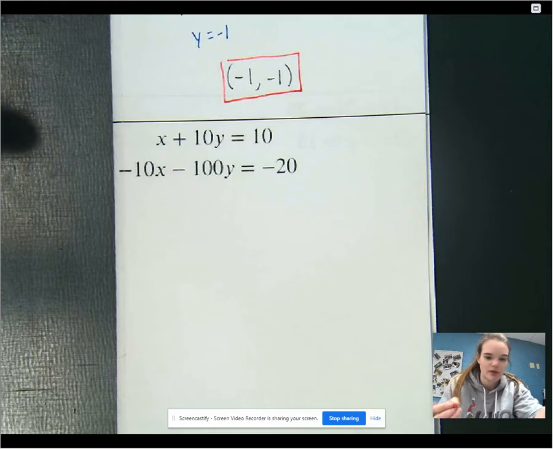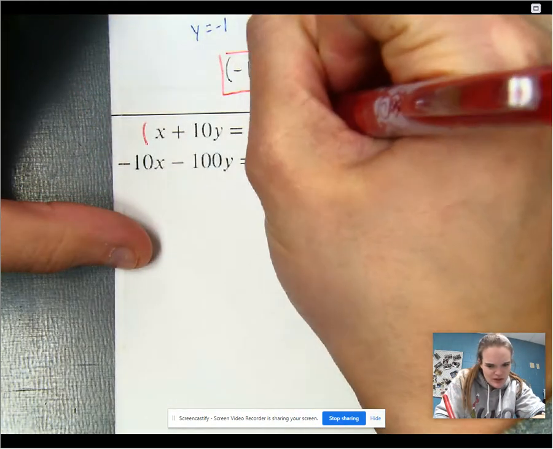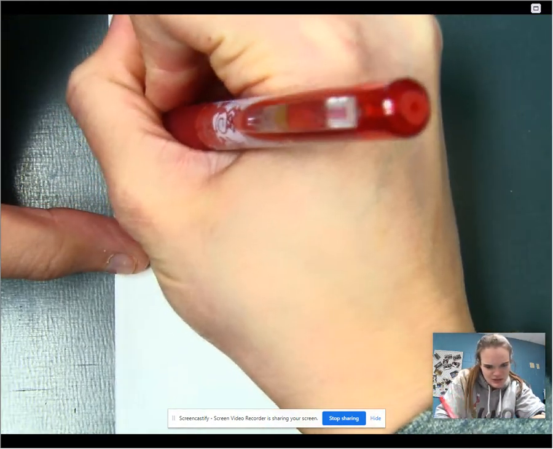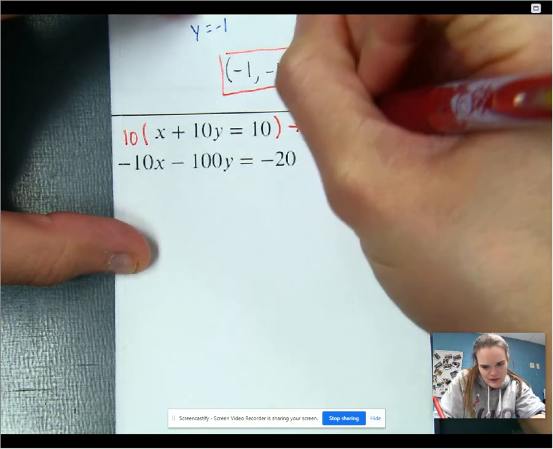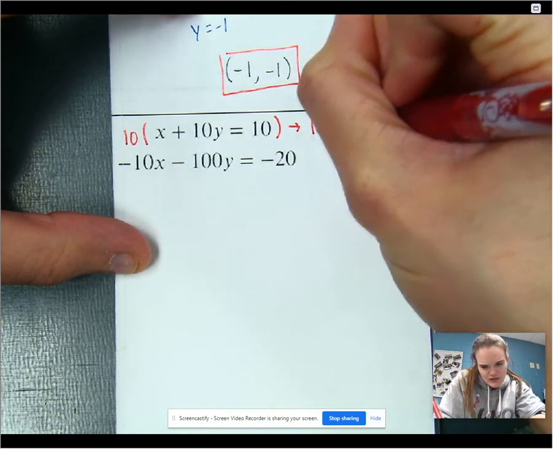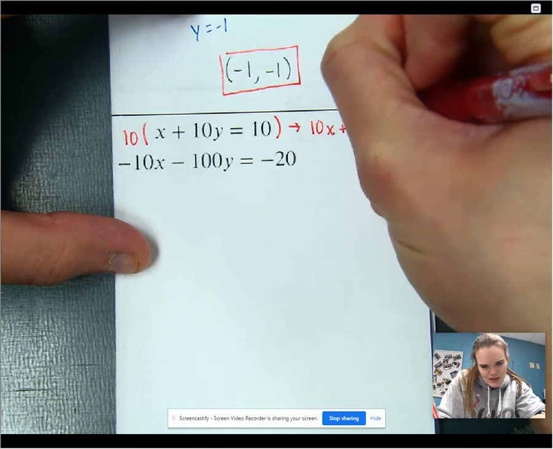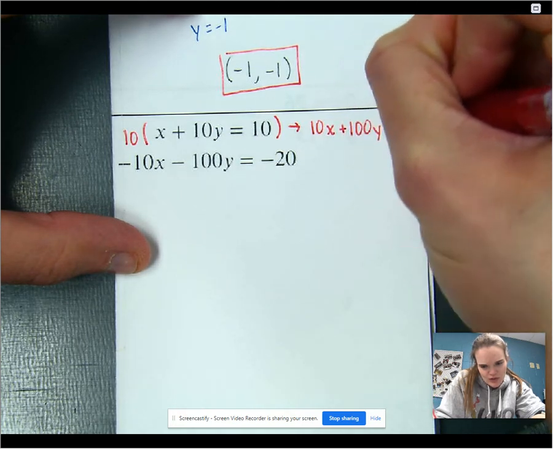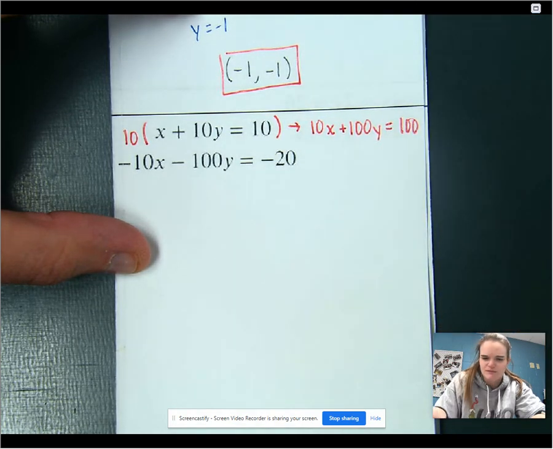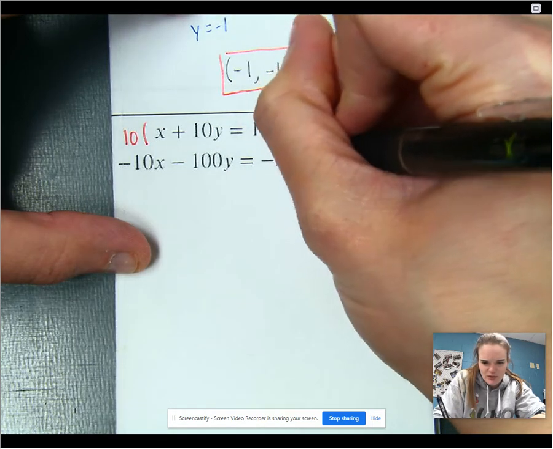Multiply everything by 10. Bring it over. 10x plus 100y equals 100. And rewrite this one. You always need to rewrite them.